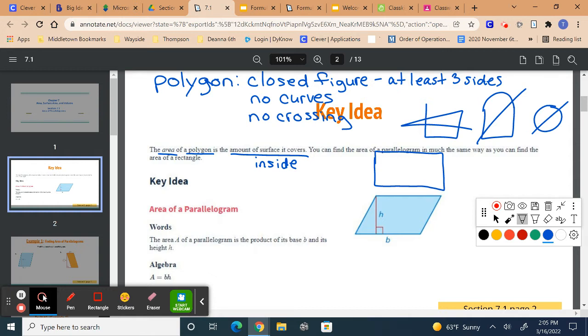So you're going to write area equals, with a capital A, and a cursive L, with the W. What does it mean when you have 2 variables next to each other? Multiplication. Very good.